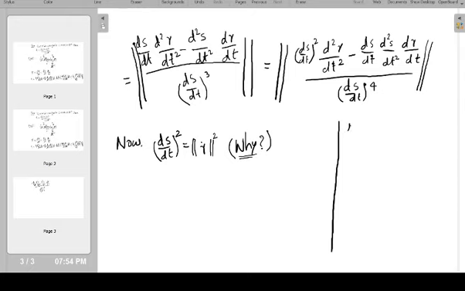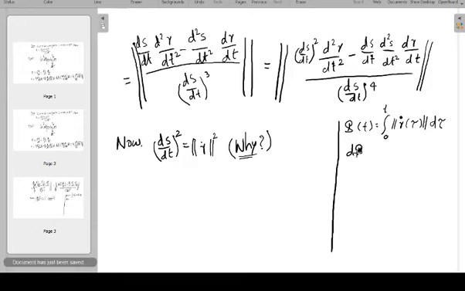If script S denotes the unit speed reparameterization by means of arc length, then script S of t will be equal to, recall, the integral from 0 to t of the norm of gamma dot of tau d tau. So ds by dt will be equal to the norm of gamma dot of t.